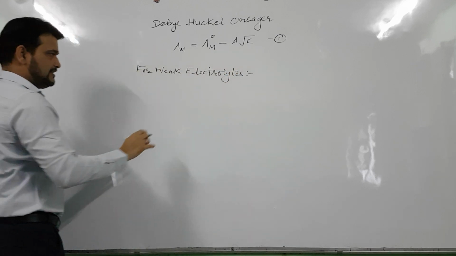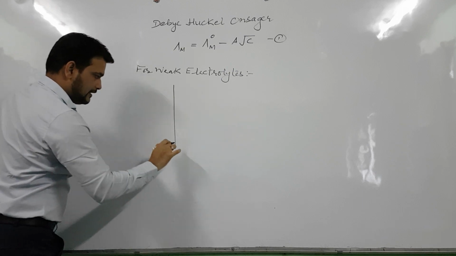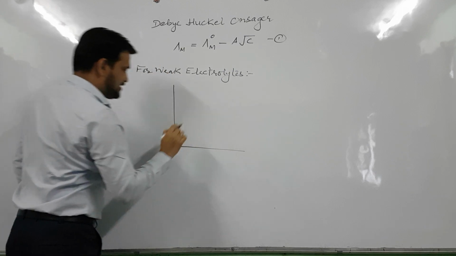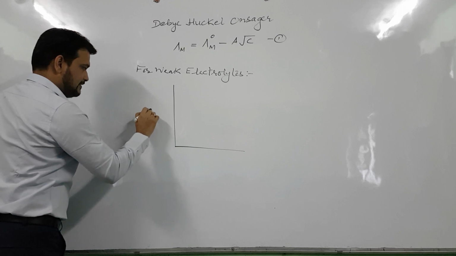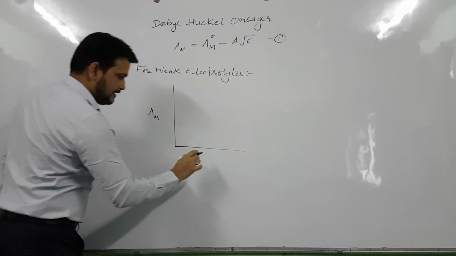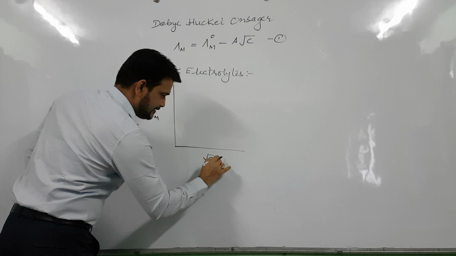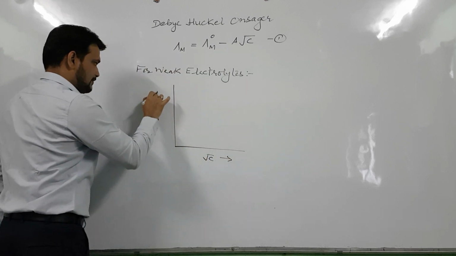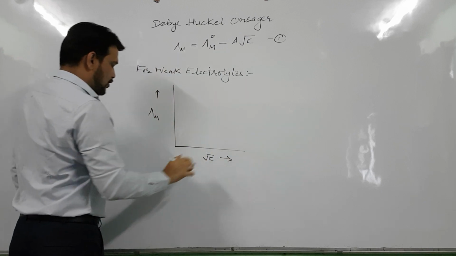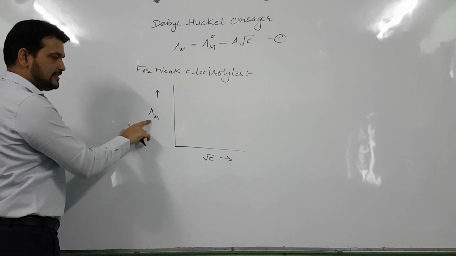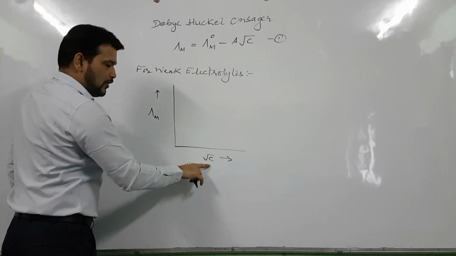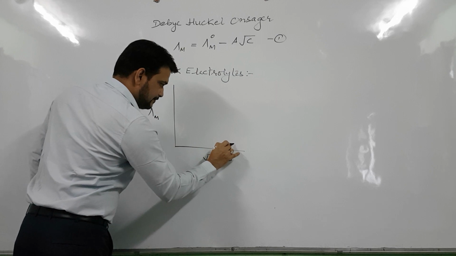For weak electrolytes, the graphical representation is like this. The graph is plotted between molar conductance and under root of the concentration.